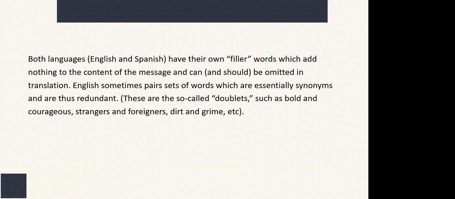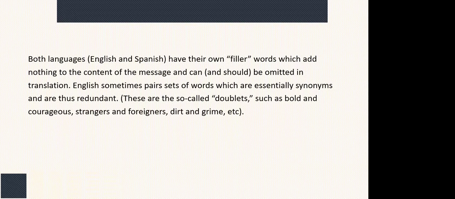That should be omitted. And sometimes English also uses doublets, and those doublets come from Anglo-Saxon culture. What that means is that you provided one version in Anglo and another one in Saxon. That's the explanation provided by the English translators.